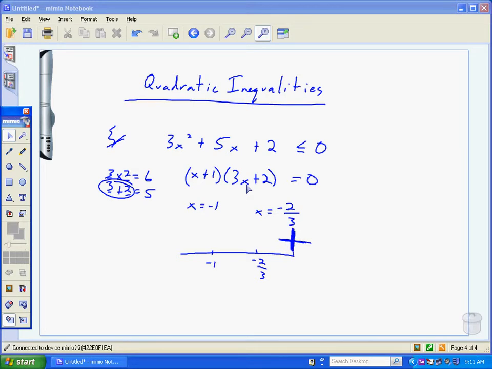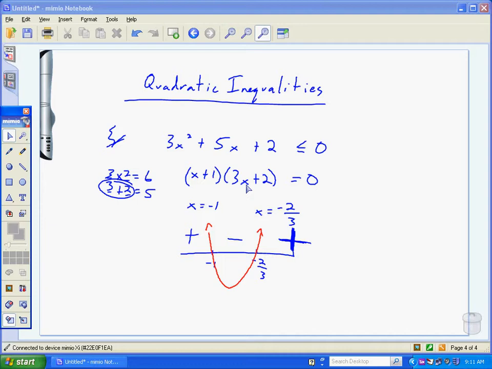And because we know it's a parabola and we've got two x-intercepts, it should be concave up, so positive, negative, positive like so. If we were to draw this graph on our number line and superimpose it, and come up, look at that pretty parabola that we drew. That's what the parabola looks like.